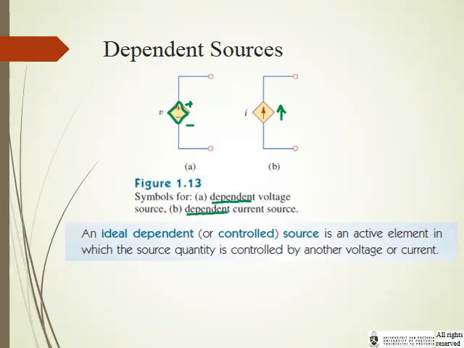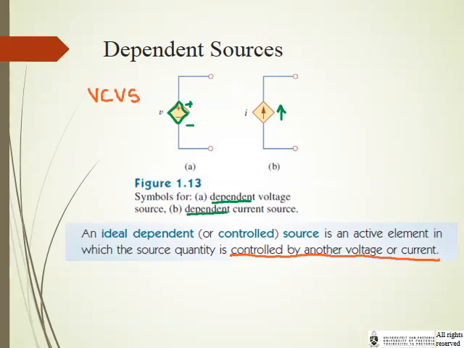But dependent on what? An ideal dependent or controlled source is an active element in which the source quantity is controlled by another voltage or current. So for the voltage source, you can have a voltage controlled voltage source.